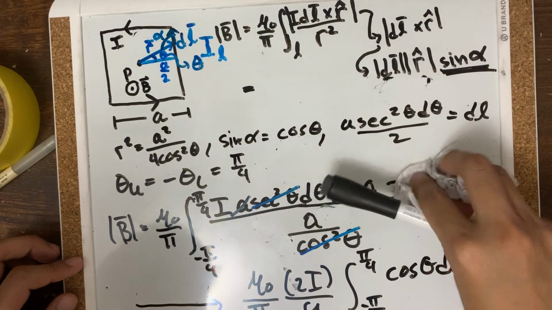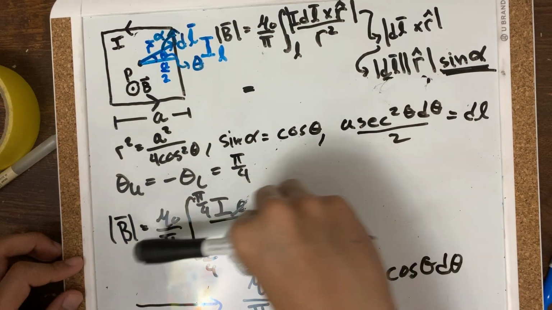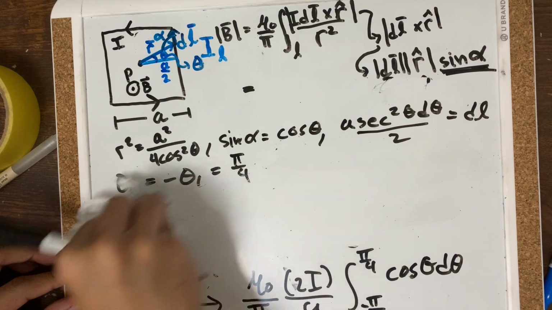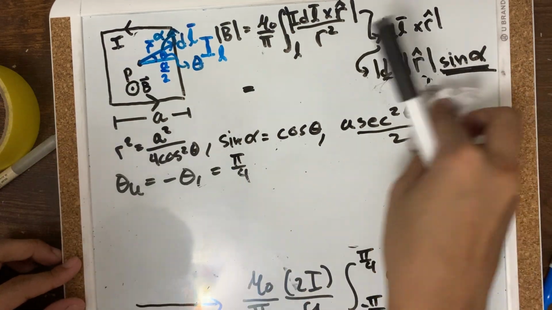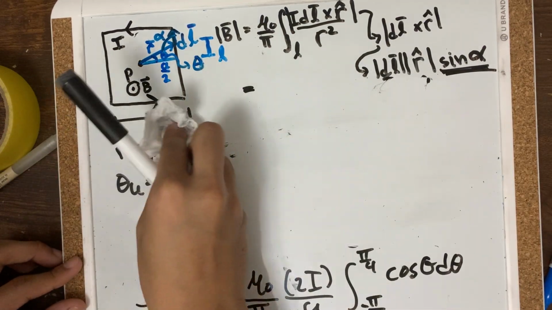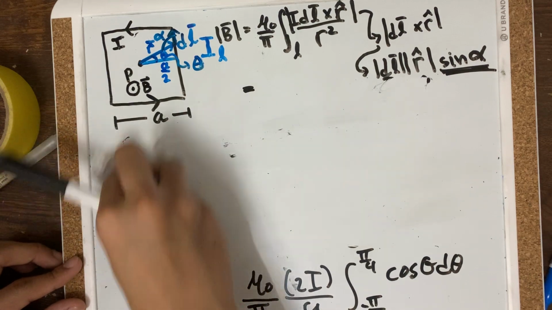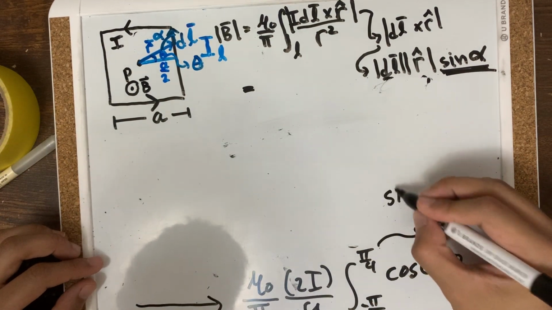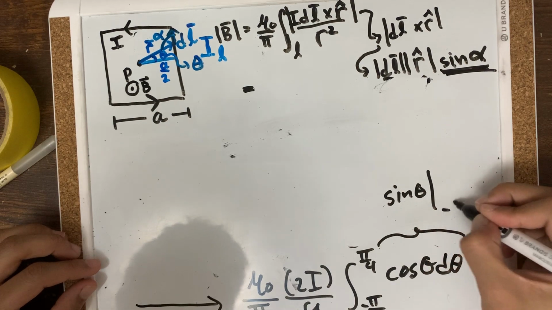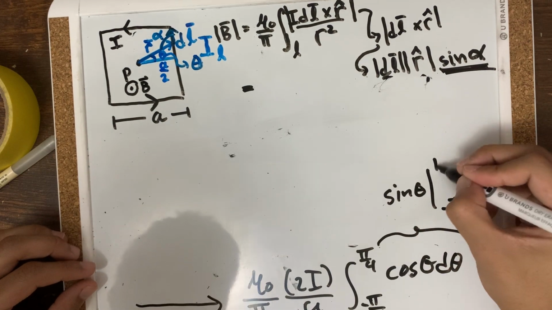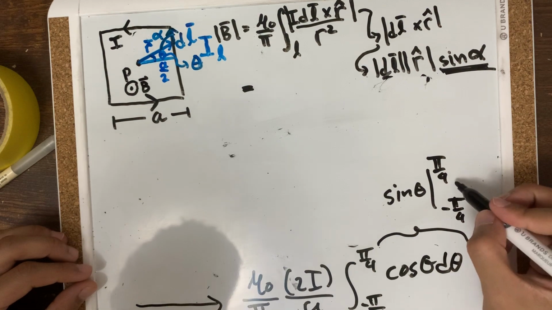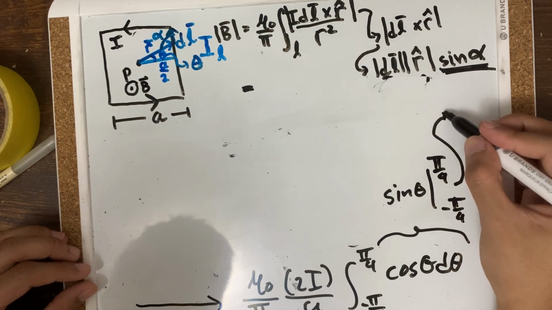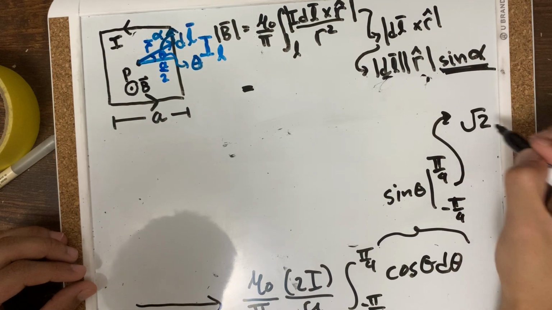So this is an easy integral to evaluate. The definite integral of cosine theta is just sine of theta, and then you can put your bounds into it. So this integral is just sine of theta from negative pi over 4 to pi over 4, with some mental work, or you can plug it into the calculator. That is equal to square root of 2.